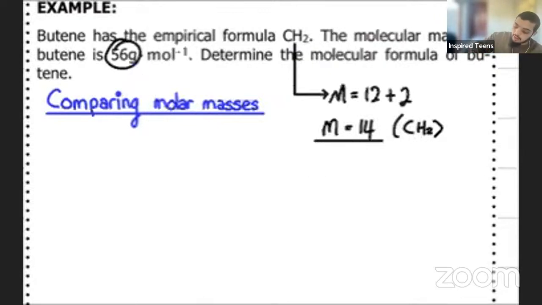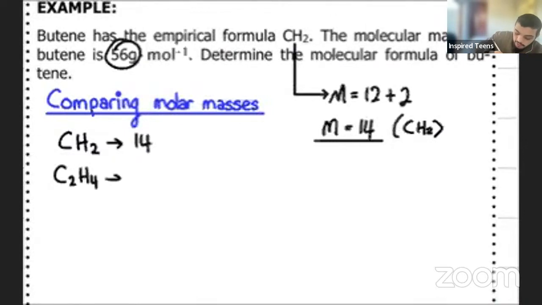I'll show you why. CH2 is the simplest whole number ratio. What if we increase that by 1? What if we had C2H4? It still holds the exact same ratio. These are molar masses, I'll write that in a bit. We're still talking about the same ratio. It's just now a molecular formula, an exact amount. This would have to be 28.